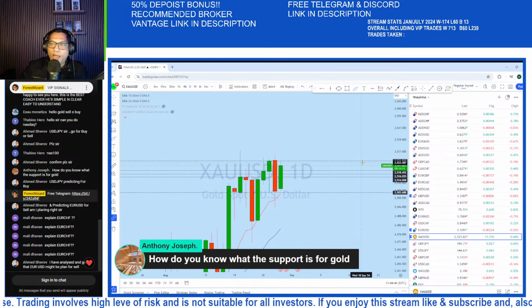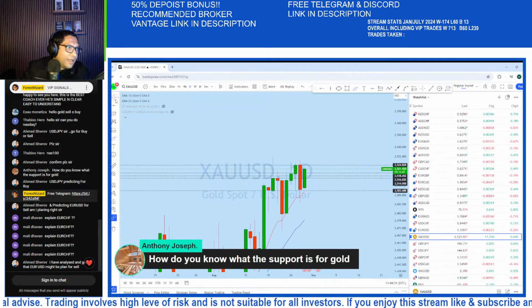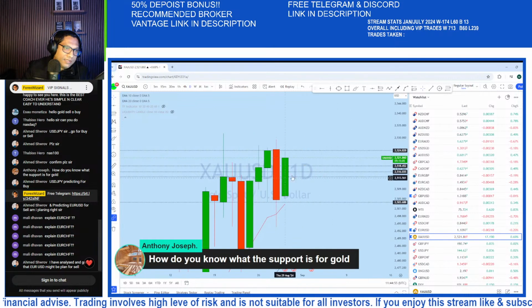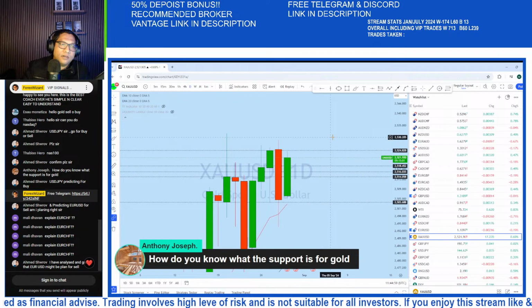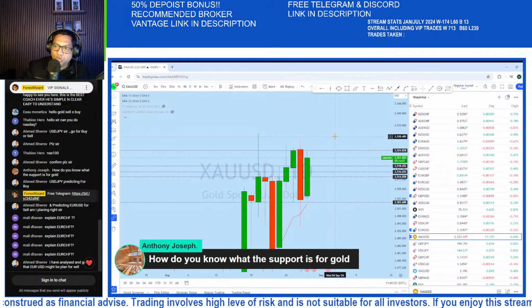As this market is trending aggressively, any pullback can give us another entry opportunity on this instrument on the lower time frame.